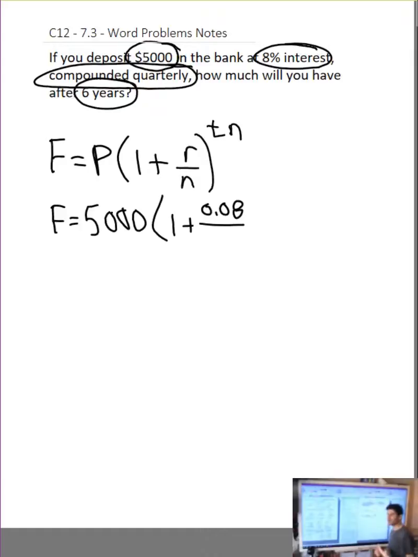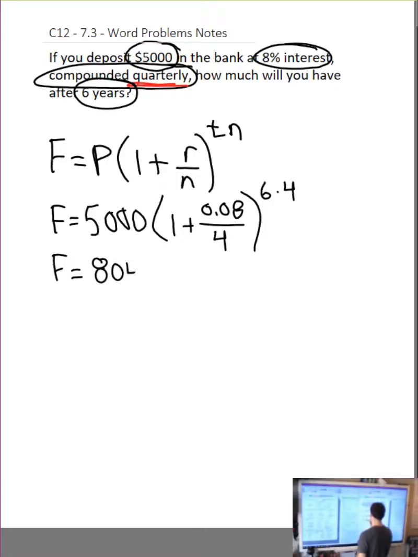Not 3 for 3 months, but 4 for 4 times per year, every 3 months. To the exponent, t is going to be 6 years, times 4, n, the number of times we compound per year, quarterly, and we can simply type this into the graphing calculator and get $8,042.19.